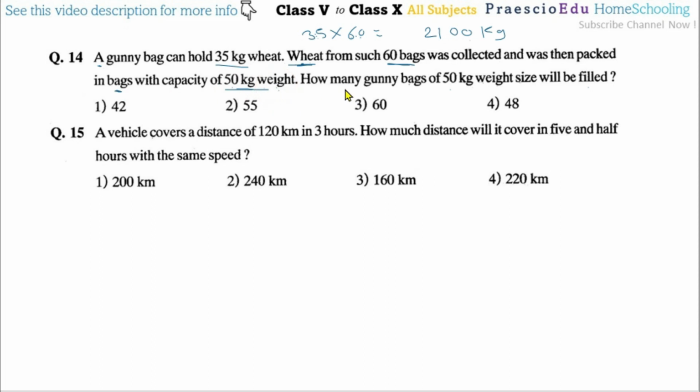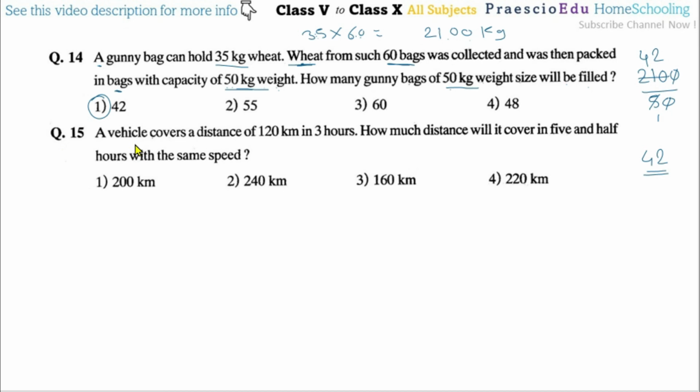So the total is divided by 50 kg, the capacity of one bag. 2100 divided by 50. This 0 gets cancelled, this 0 gets cancelled. So 5 4s are 20, and 5 2s are 10, making 42. So a total of 42 bags are required, and this is given in option number 1.